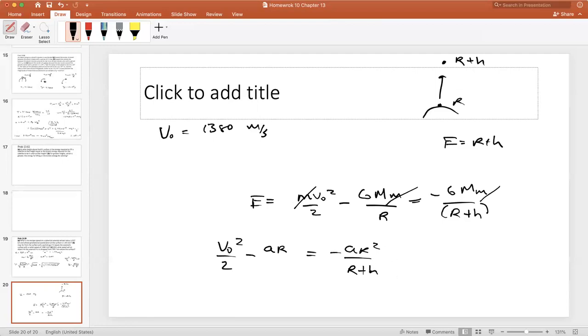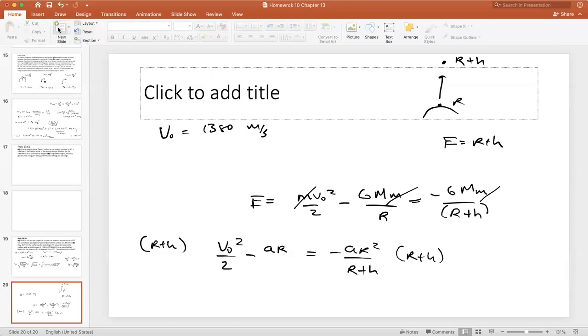Doing the real quick math, if I multiply both sides by R plus H, that goes away here. And if I move this stuff over, I'm going to go to a new page.